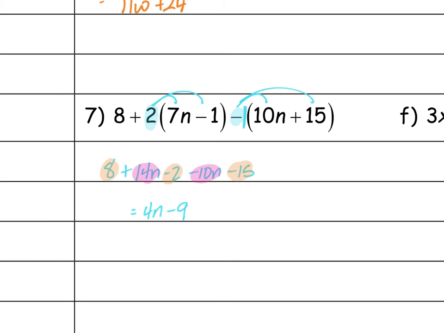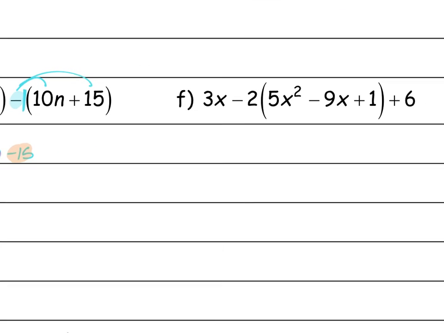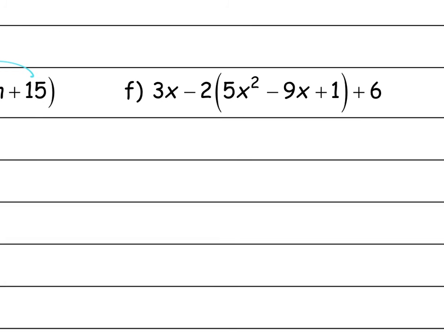Okay, so we've got one more for you guys to try. Let's talk about this one. So what am I distributing? Distributing this -2, right? That's the only thing I'm distributing. And it's only going to what's inside the parenthesis, yes?